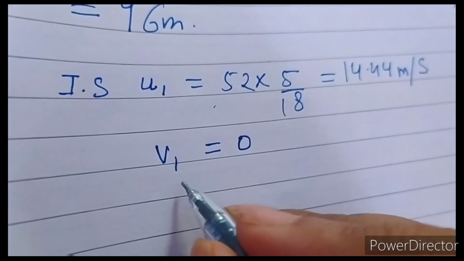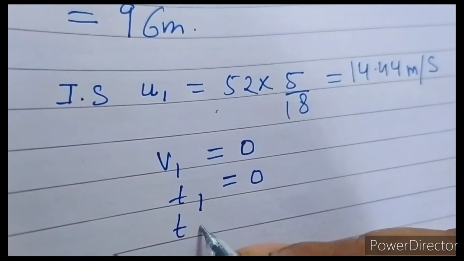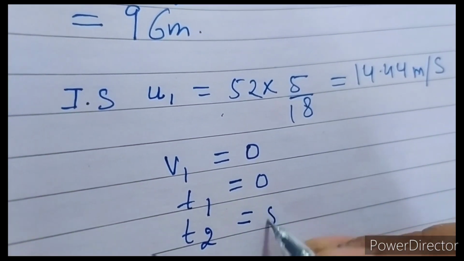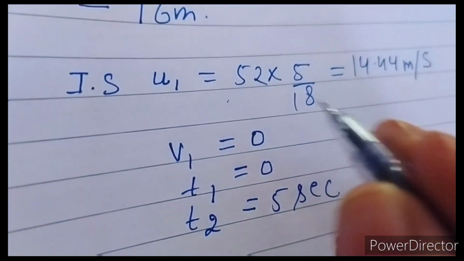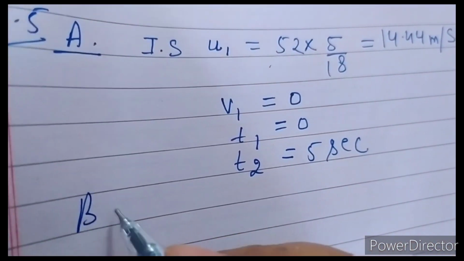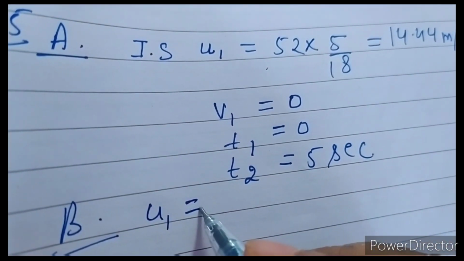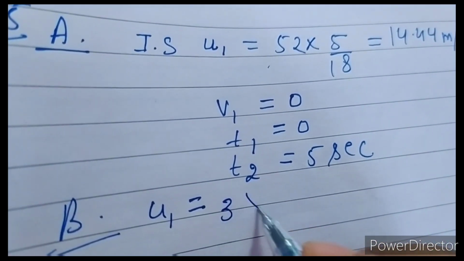Now t1, the initial time, was 0 and the time at which it comes to a stop is given as 5 seconds. So you have got the values u1, v1, t1 and t2. Now for car B, again the initial speed, u2, we will convert into meter per second; 3 km per hour has been given.